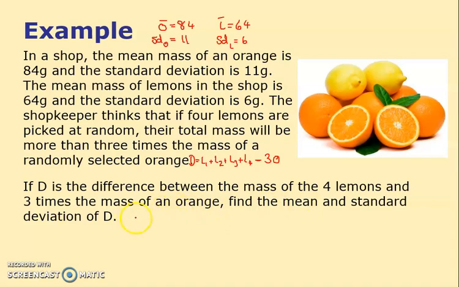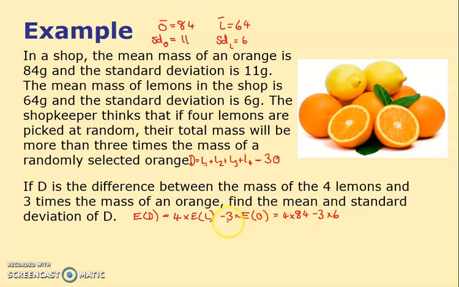Now, critically, in order to get E of D, it's E of all of these things here, and you can just do 4 times E of 1 lemon minus 3 times the E of an orange. Doesn't matter with expectations, means. So I think it's 4 lots of 84 minus 3 times a 64.